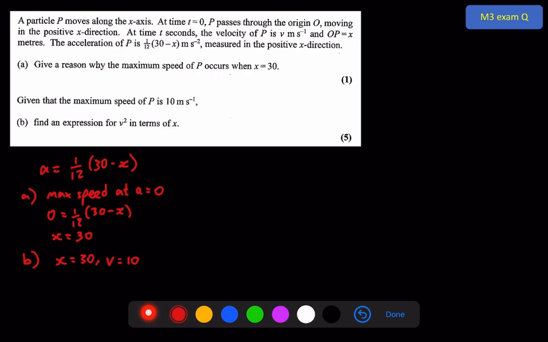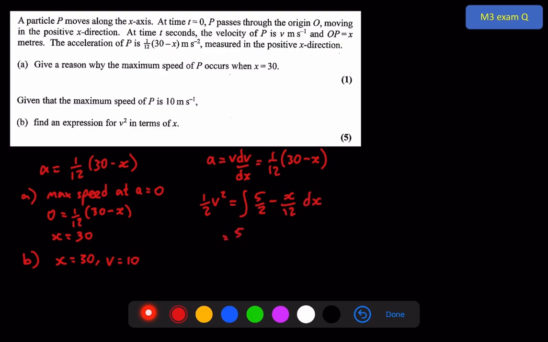Everything else is the same. We've got a is equal to v dv by dx, and we've been given a in terms of x. So we can separate our variables and integrate. On the left we get a half v squared. On the right the integral of 5 over 2 minus x over 12.